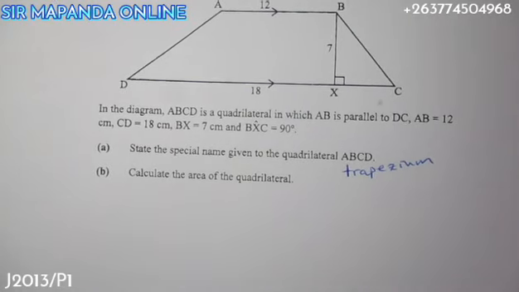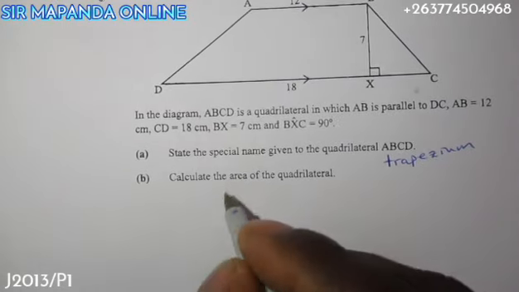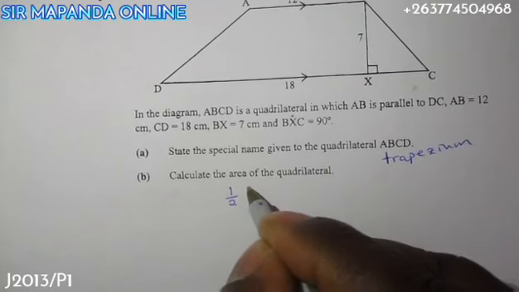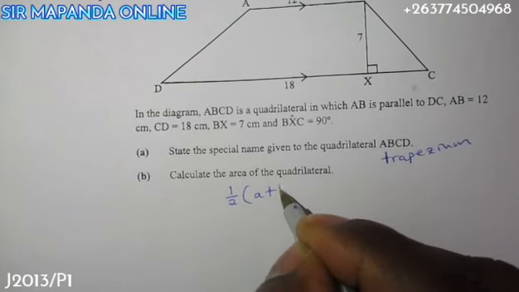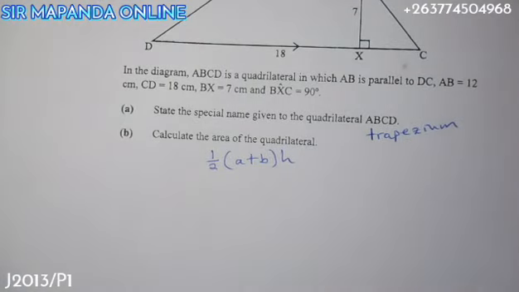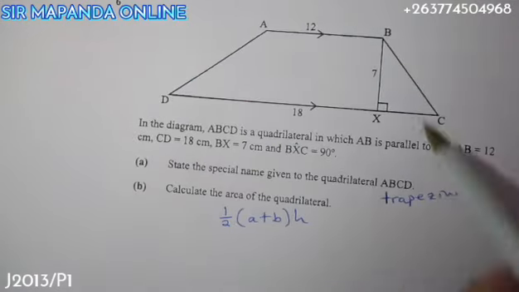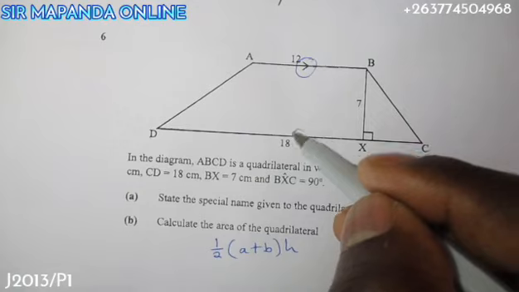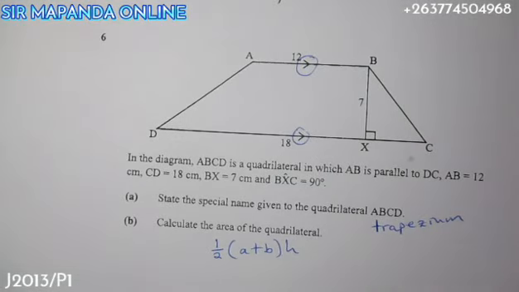Then calculate the area of the quadrilateral. So the area of a trapezium is half times A plus B times height, where A and B represent the sides which are moving in the same direction. So the sides which are moving in the same direction are denoted by the arrows. So these 2 arrows, they represent A and B.